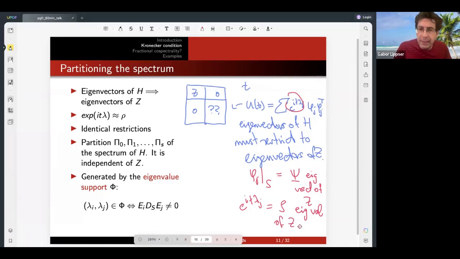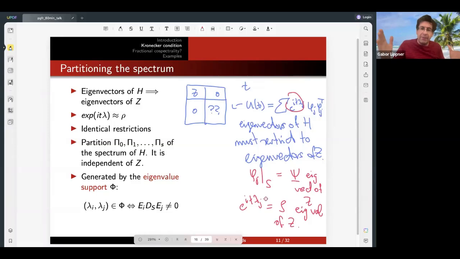Now, what does this tell us? Suppose we have two different eigenvectors of H that restrict to the same eigenvector of Z. Then e to the i t lambda of one of the eigenvectors is equal to e to the i t other lambda.